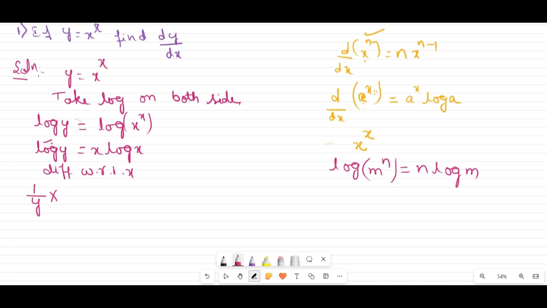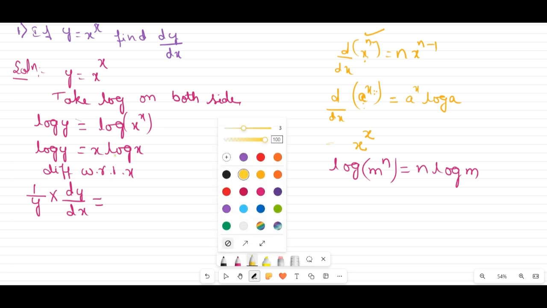So 1 by y dy by dx is equal to the derivative of x log x. Observe properly, x log x is a product of two functions: x is one function, log x is another.